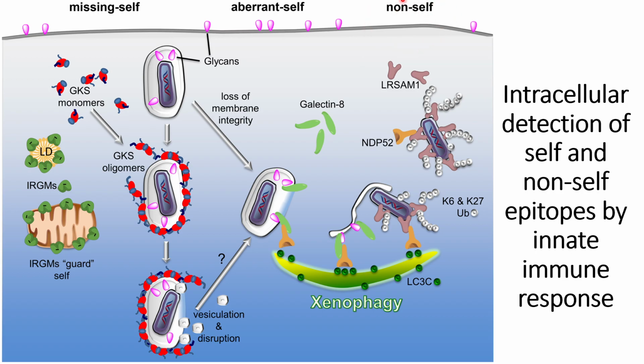And last one is this non-self epitope. In this case, when the pathogen directly enters within the host cells, this pathogen will be detected by these pathogen recognition receptors, by this LRSAM1.